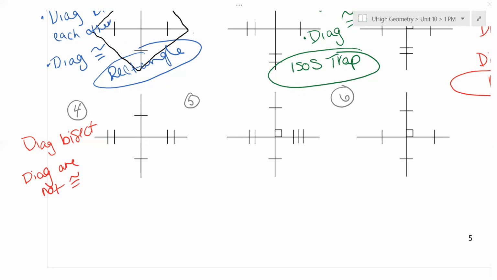So take a look back. What diagonals bisect each other but are not congruent to one another? I would see that would be a parallelogram.